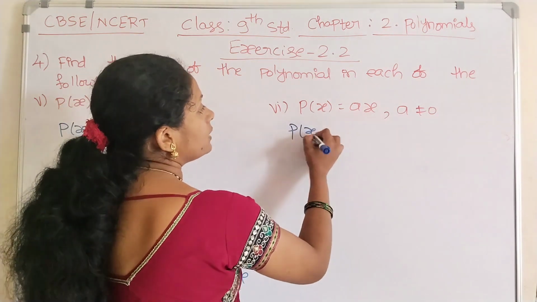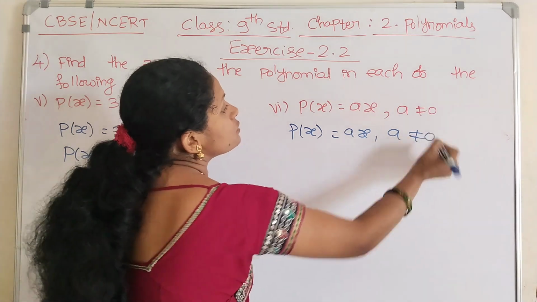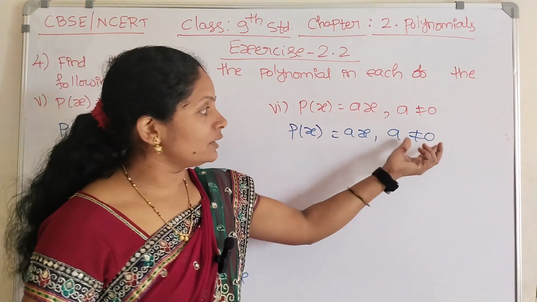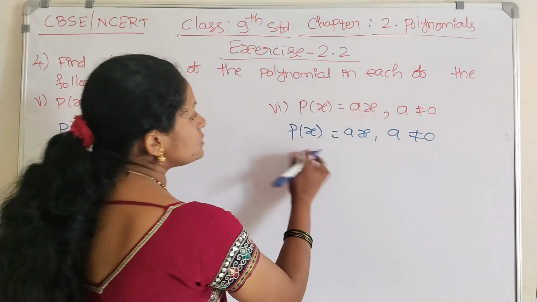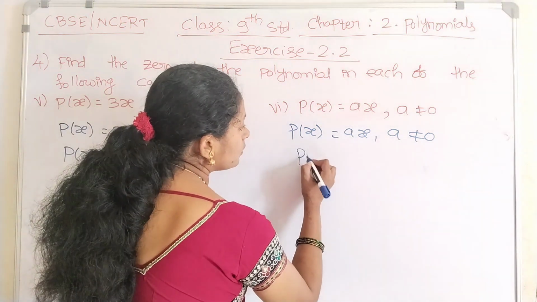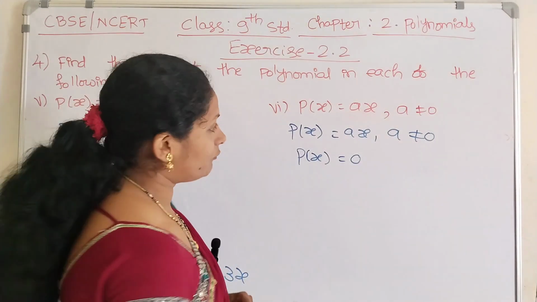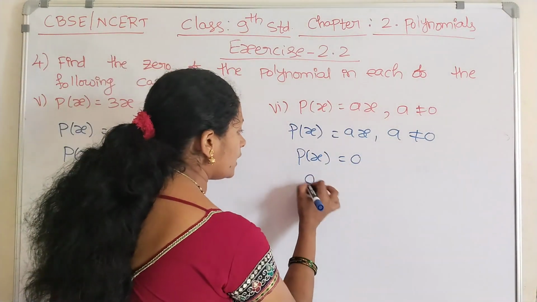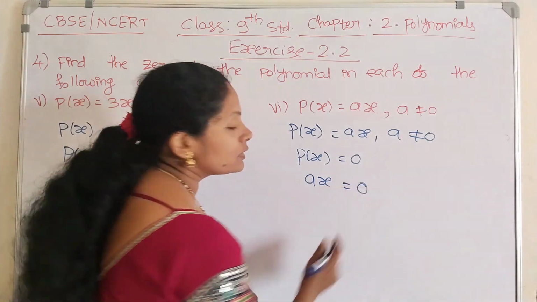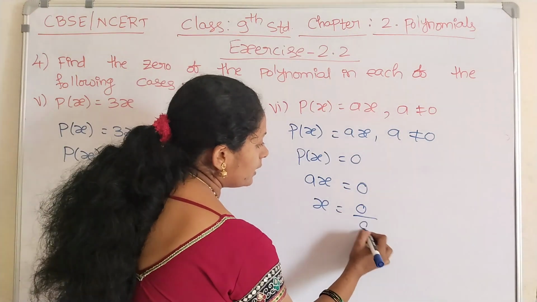P of x is equal to ax, comma a is not equal to 0. Why is this a not equal to 0? I will tell you after solving this. First of all, p of x is equal to 0 we have to take. So what is p of x here? A into x, that is ax equals 0. x is equal to 0 divided by a.